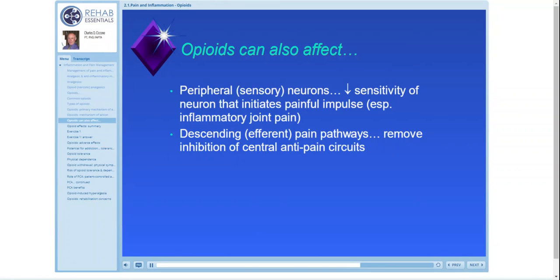Normally they're inhibited because pain is usually a warning that something's wrong, and that message should get through to your cortex. But if an opioid can remove some of that inhibition, these outgoing pain pathways may be more active. So the bottom line is opioids are clearly a very complex drug that affects several aspects of pain.